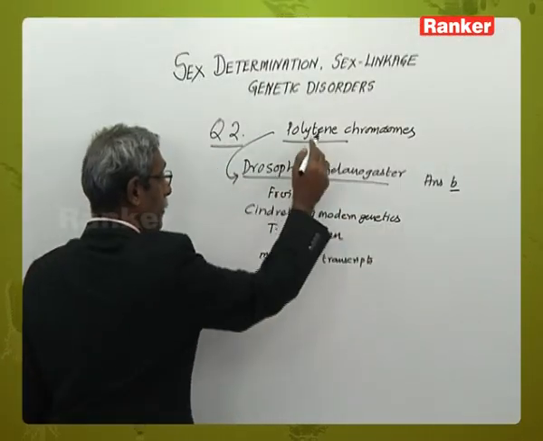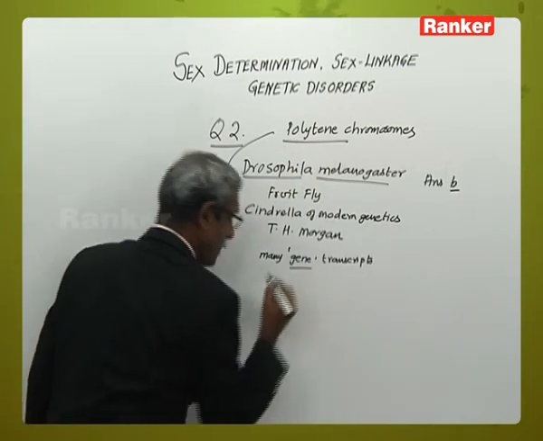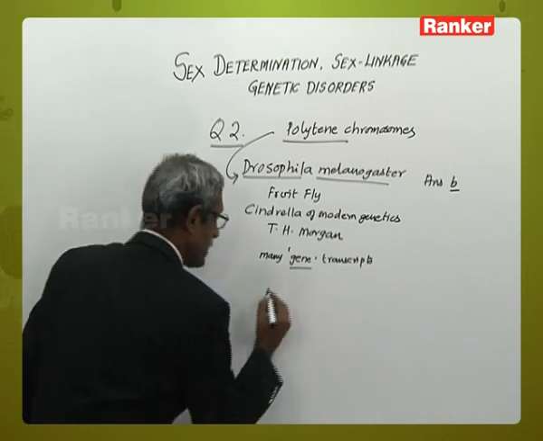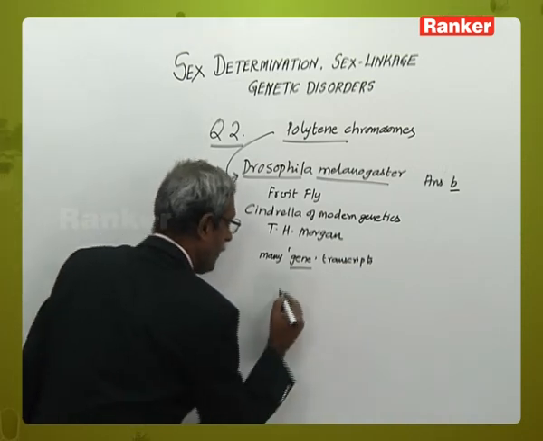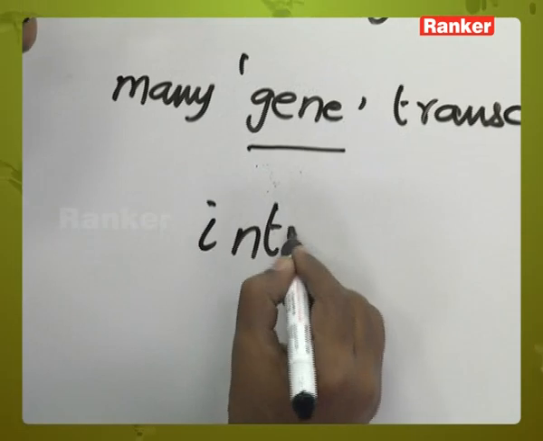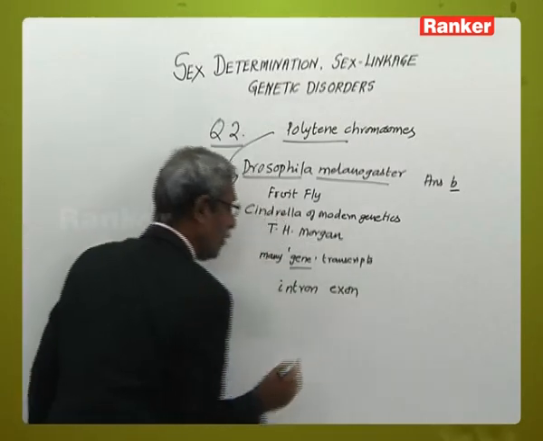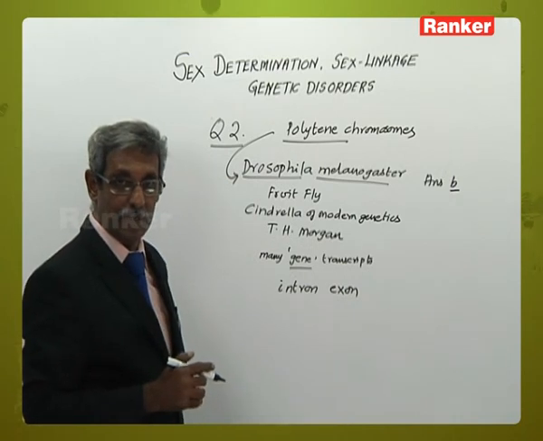So, when you take polytene chromosomes, there are many gene transcripts, and each of the transcripts could be made up of an intron as well as an exon, coding and non-coding sequences.